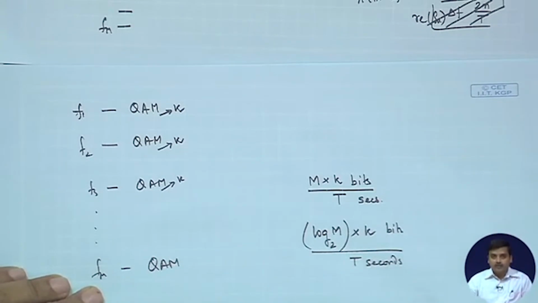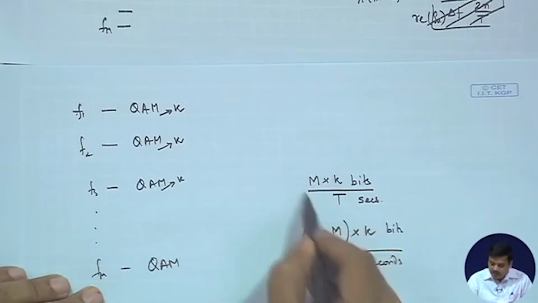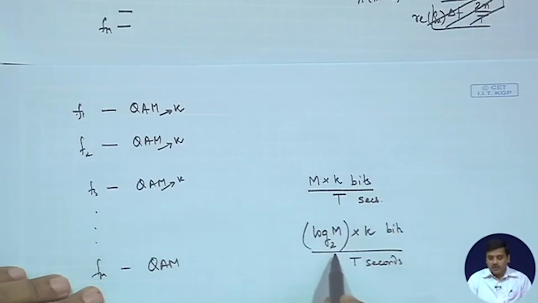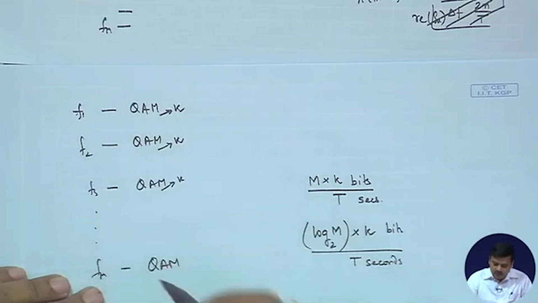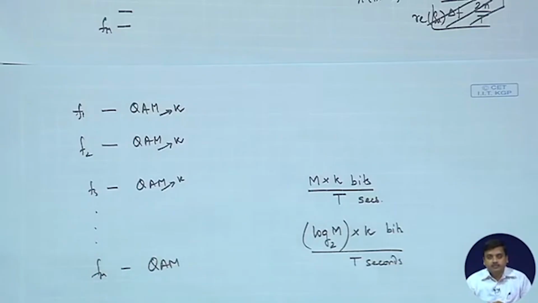So, definitely what you can see is this number is greater than or equal to this number, right. So, by doing this you can actually send more bits per second than by doing a selection. But of course, we will see at a later time there is another advantage of doing the frequency shift keying, which will be evident when we discuss further on error probability and compare the different modulation schemes.